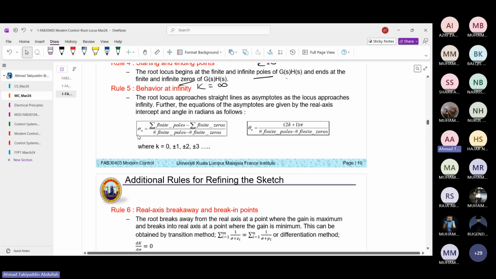And then we are going to have our sigma A. And as for the theta A, it is equal to 2k plus 1 times pi over the number of finite poles minus the number of finite zeros.